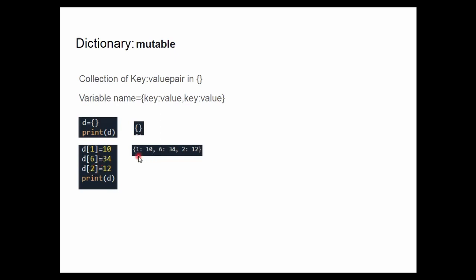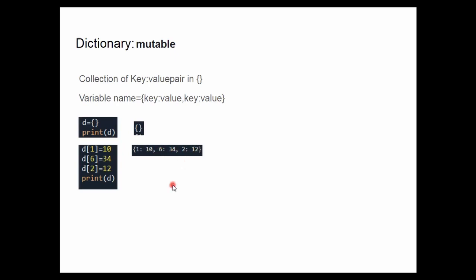Now what values are we adding? We are providing only the values, we are not providing the keys. The keys will be automatically provided. So the key for the value 10 is 1. The key for value 34 is 6. The key for value 12 is 2.